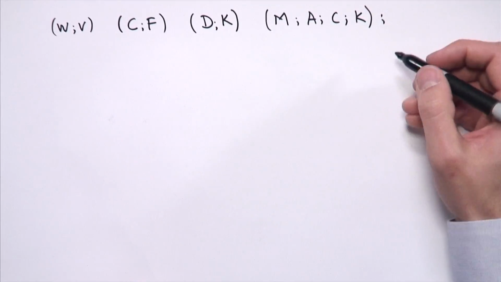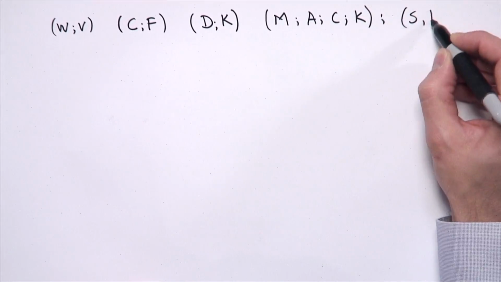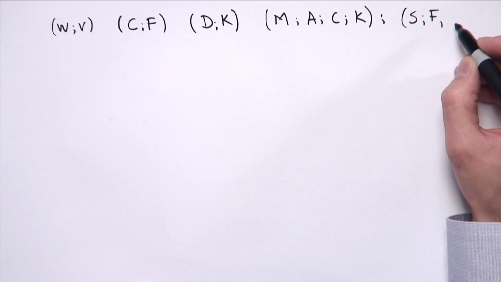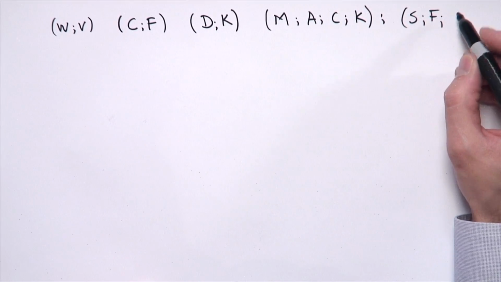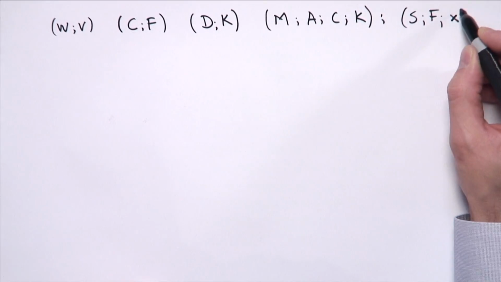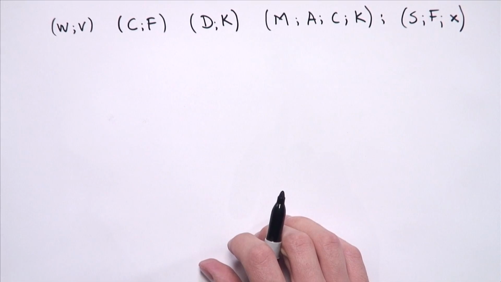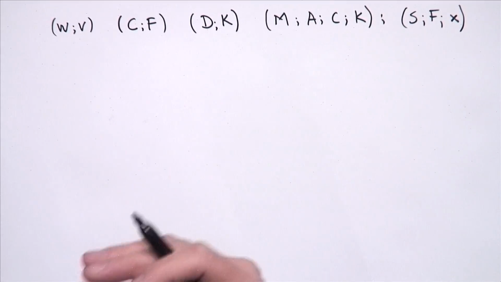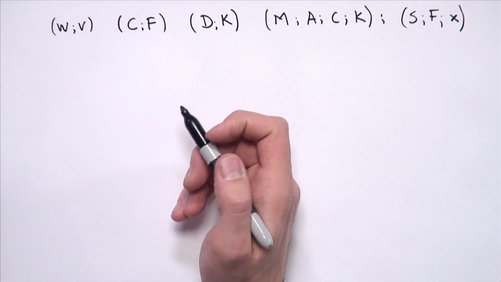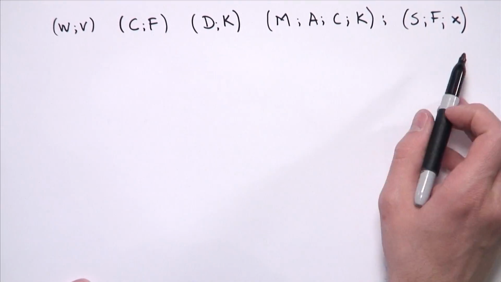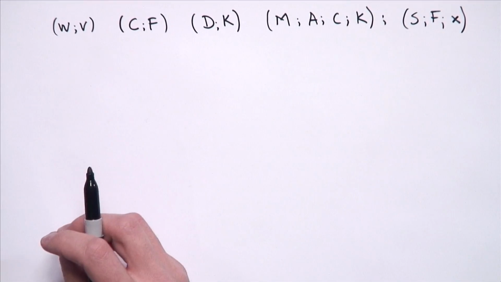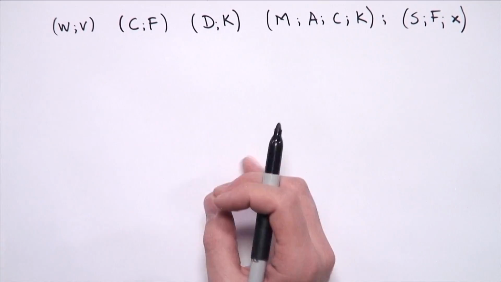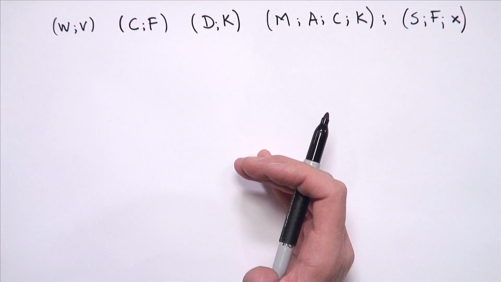And finally, the last one has serine, phenylalanine, and something that's not an amino acid. It's going to be like a small x. All right. Now, from what we know about chymotrypsin digest, we should be able to orient these peptides, basically to tell which amino acid is at the N terminus and which amino acid is at the C terminus of each one of them.